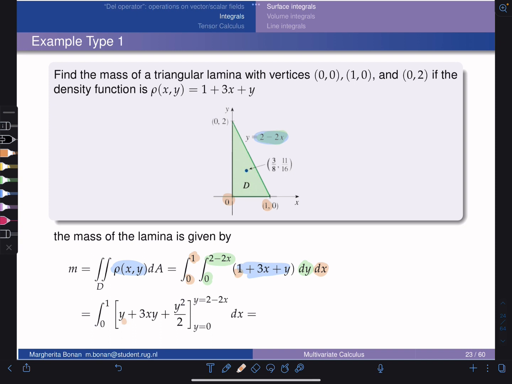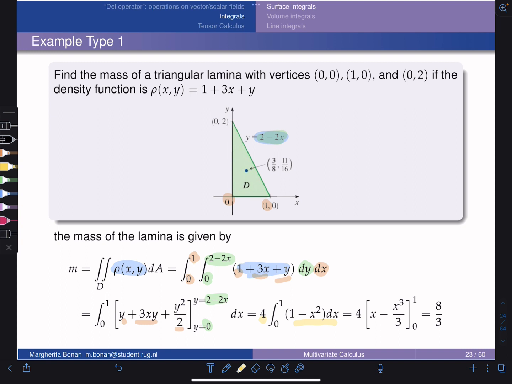1 becomes y, then 3x gives 3xy, and y gives y squared over 2. The bounds for this are 0 and 2 minus 2x. Solving even further, if we substitute the bounds for y, we get this function multiplied by 4.